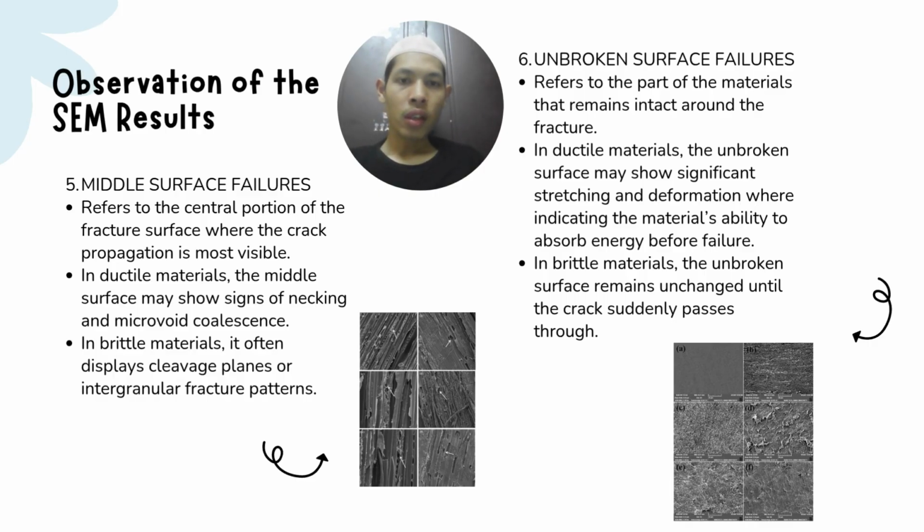Sixth, broken and unbroken surface failure refers to the part of the material that remains intact around the fracture. In ductile material, the unbroken surface may show significant stretching and deformation, indicating the material's ability to absorb energy before failure. In brittle material, the unbroken surface remains unchanged until the crack suddenly passes through.